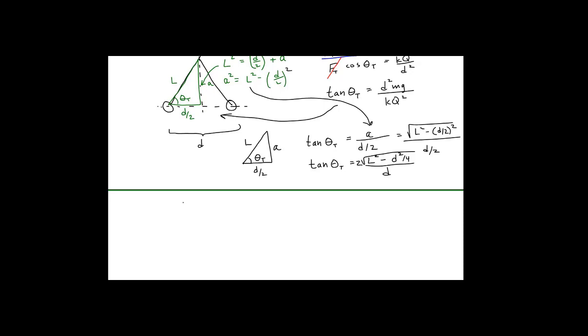Well, remember we said the tangent of theta t is equal to d squared mg over kq squared. Tangent of theta t, we just found, is equal to 2 times the square root of L squared minus d squared over 4, over d, and that is equal to d squared mg over kq squared.